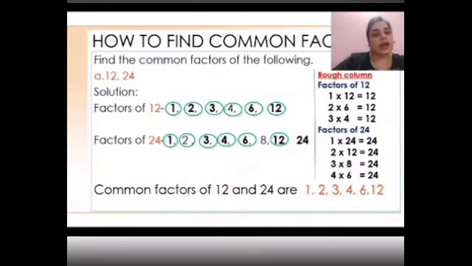So we can write the common factors of 12 and 24 are 1, 2, 3, 4, 6 and 12. Like this, you can also find the common factors of any numbers.